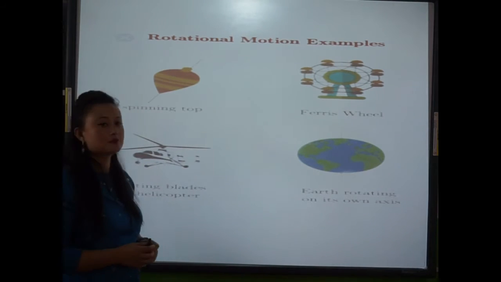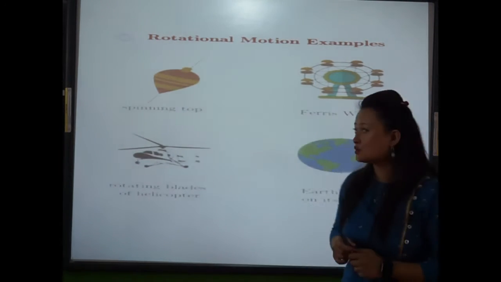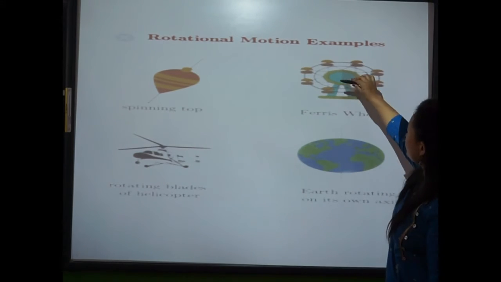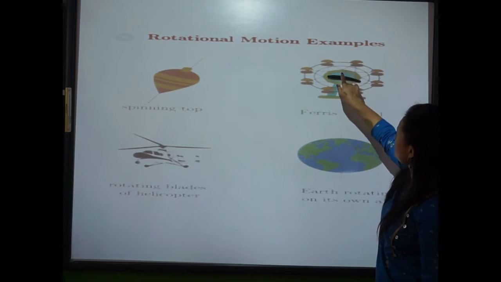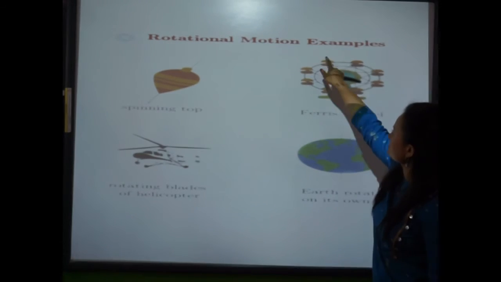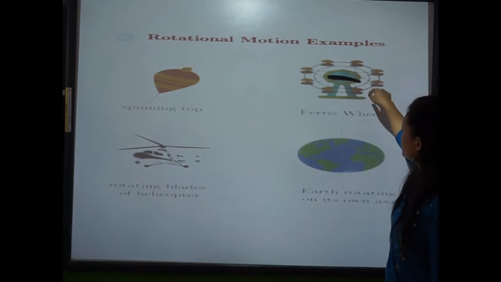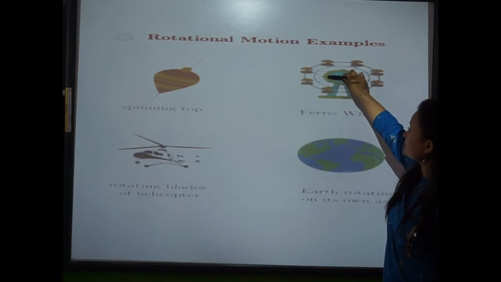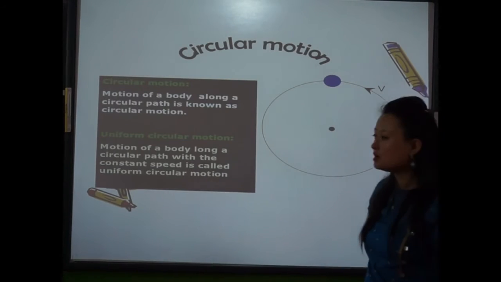Now the Ferris wheel, the giant wheel which you often play on in the fairs. It's fixed over here, this is your fixed axis, and only the wheels move. So this goes round and round. It's fixed at a point, so this is an example of rotational motion.